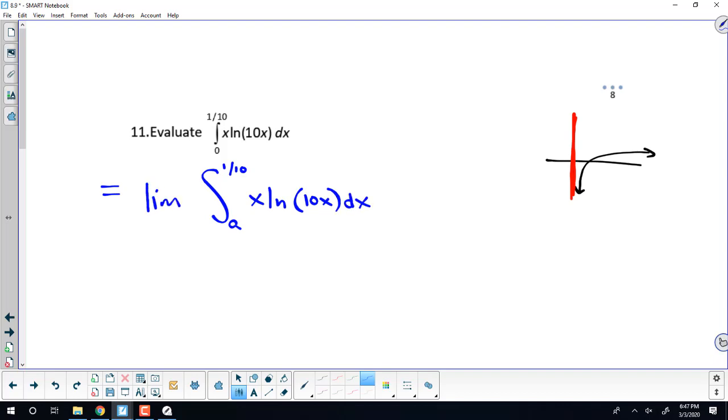And it's going to be the limit as a approaches 0 from the right side. Remember, those limits matter, from the left or from the right. You need look no further than the first page.